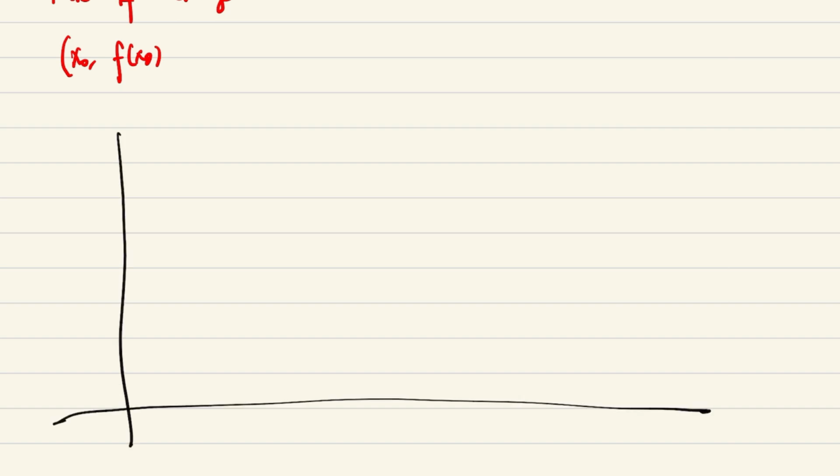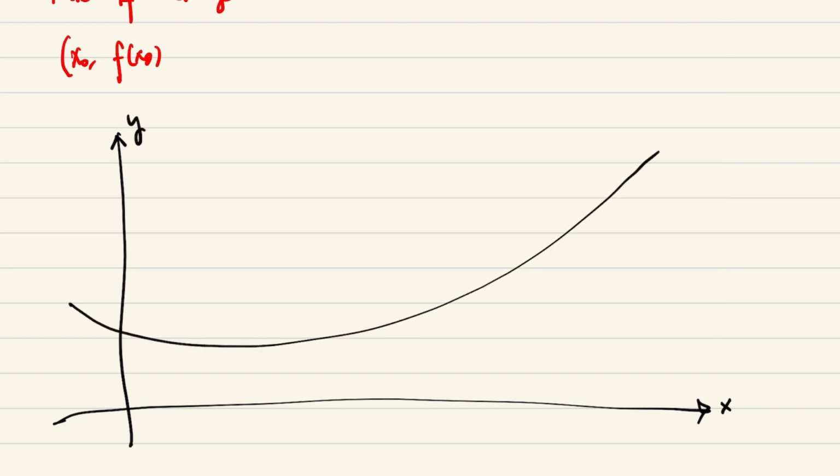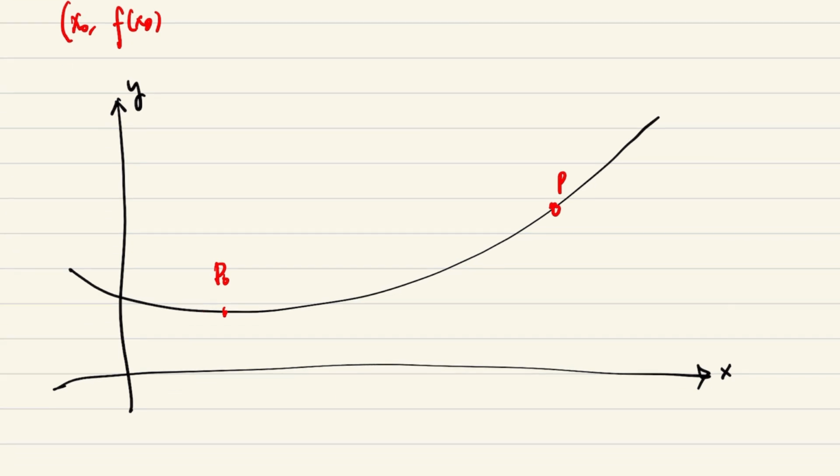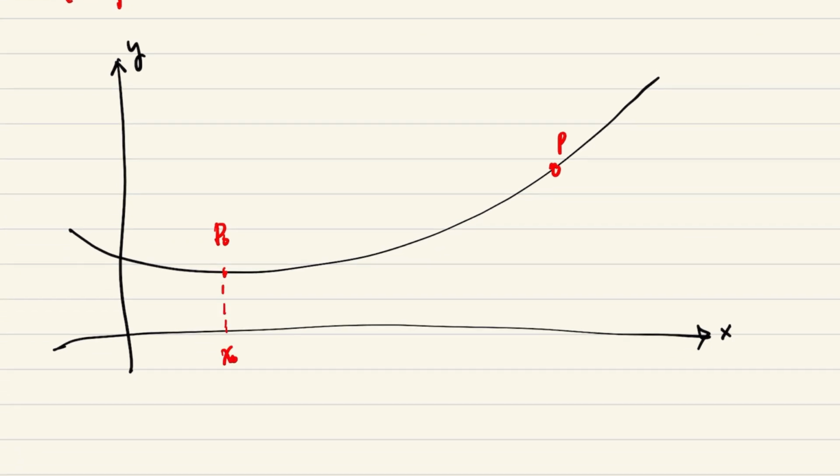Let's say this is our graph, and this is our curve. Let's say we have a point p sub 0, and then we have a point p. Let's say the coordinates of p sub 0 is x sub 0, and suppose the horizontal distance between the point p and p sub 0 is h.